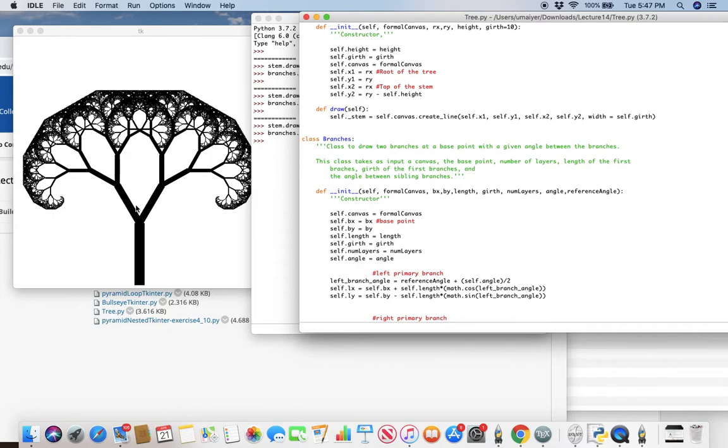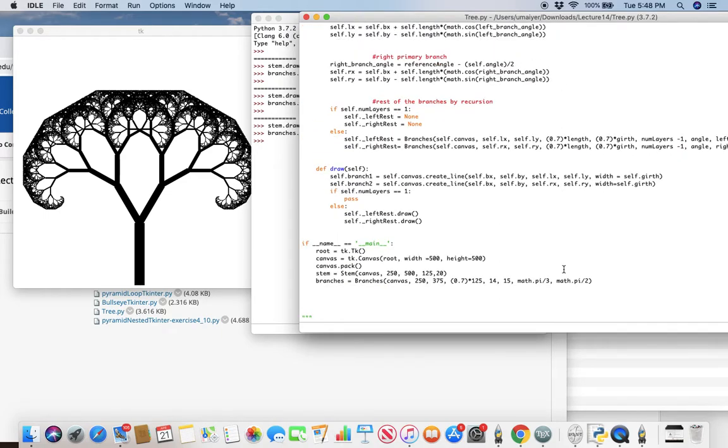So this angle is the same as this angle, is the same as this angle, is the same as this angle. That is my angle. What is the reference angle? Reference angle at this point is 90 degrees or pi over 2. At this point, it is less than 90 degrees. At this point, it is greater than 90 degrees. Okay? So that's what reference angle is.